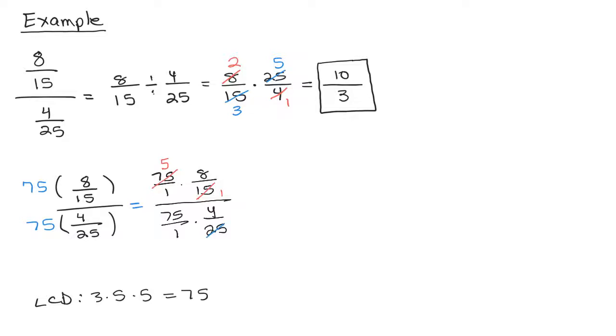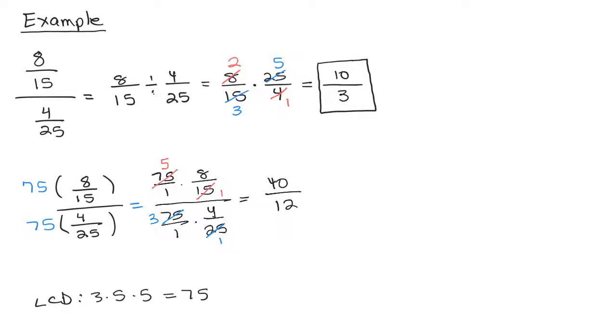And the 25 goes into 75 3 times. So in my numerator, notice I have 5 times 8, which is 40 over 1, and that's simply going to be 40. No more fractions in the numerator. And in the denominator, I'm going to have 3 times 4 over 1, so I'm going to have simply 12.